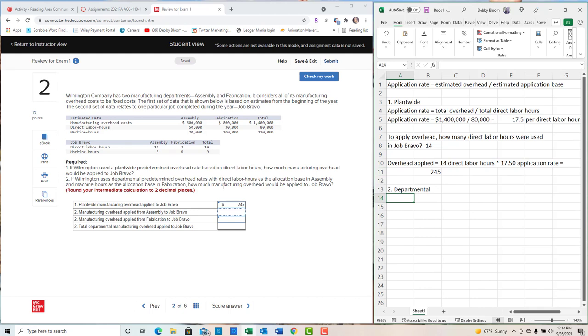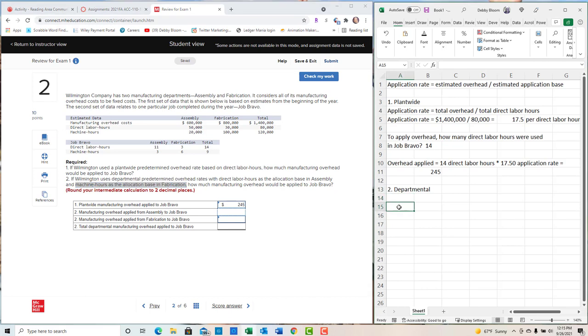So now in part 2, they tell us that direct labor hours are the allocation base in assembly. So in assembly, we're going to look at the manufacturing overhead and the direct labor hours. The machine hours in assembly are just not going to matter. And machine hours are going to be the allocation base in fabrication.